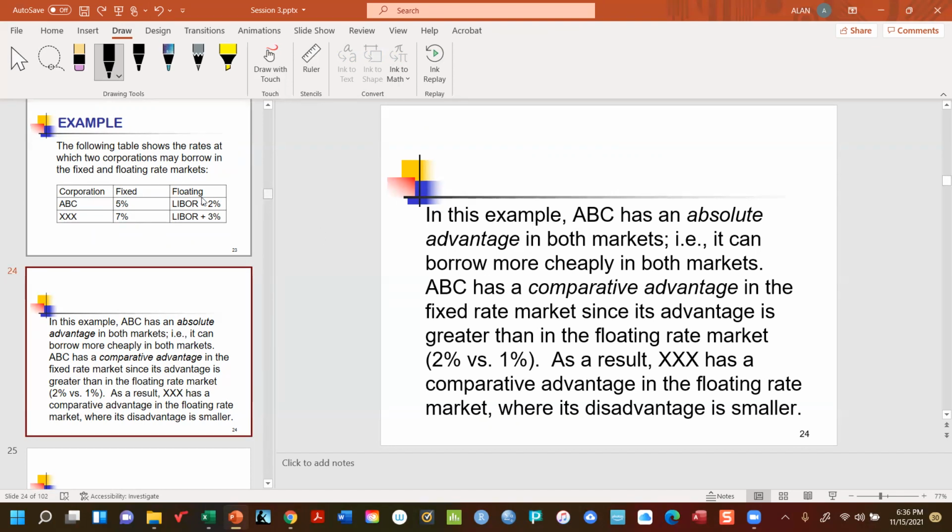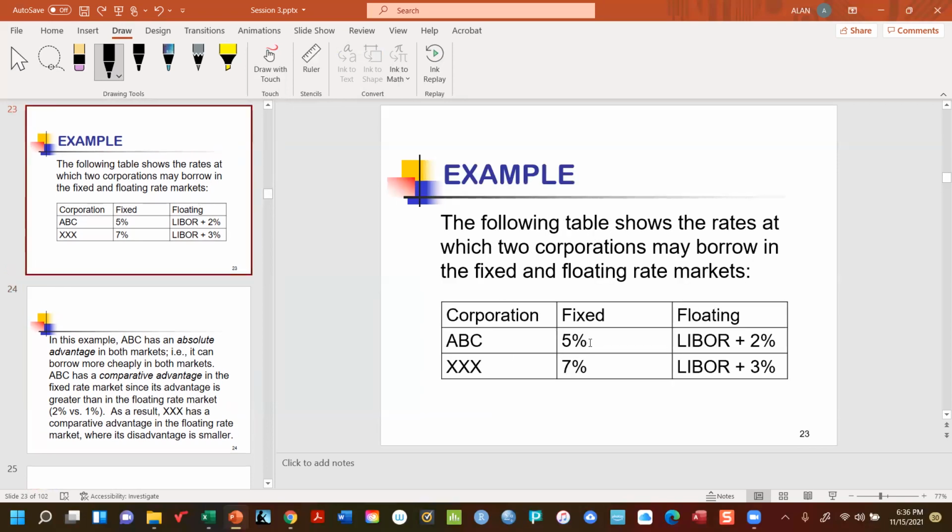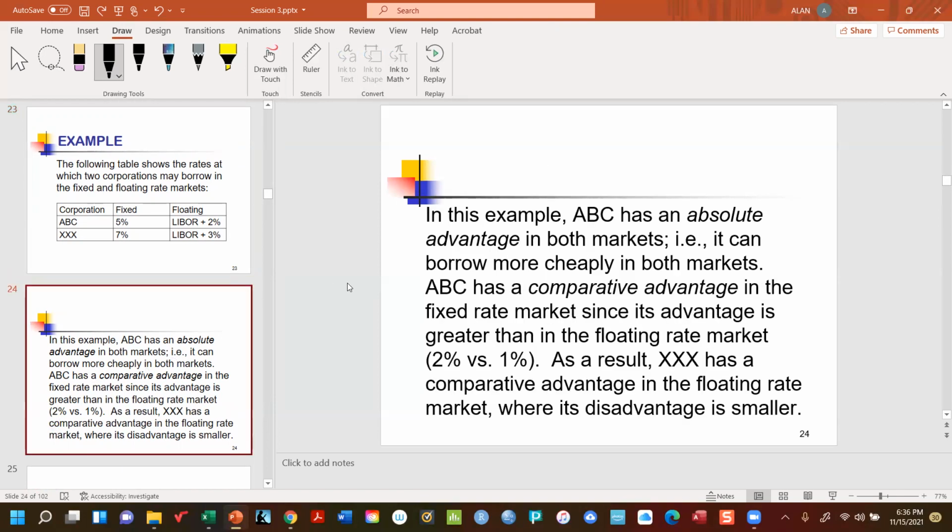But their advantage is more pronounced in the fixed rate market, 2% versus only 1%. So in economics, we call that comparative advantage. And that means, where's our advantage most pronounced? And that would be in the fixed rate market.